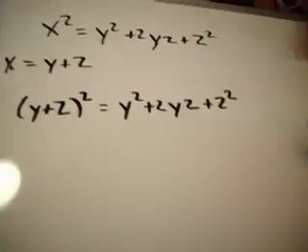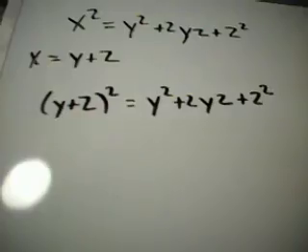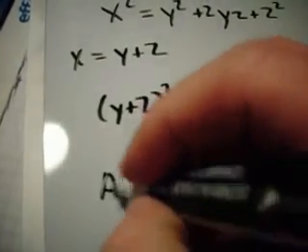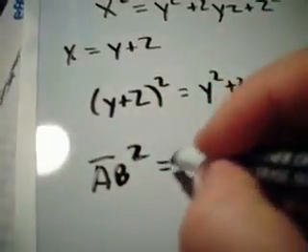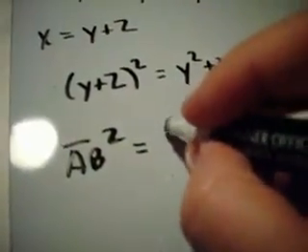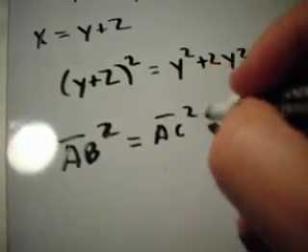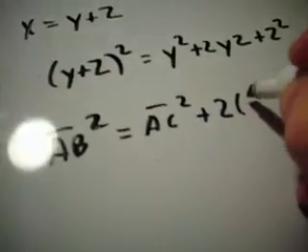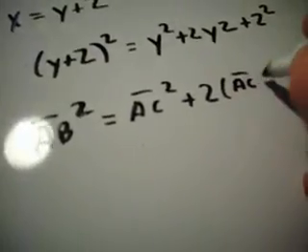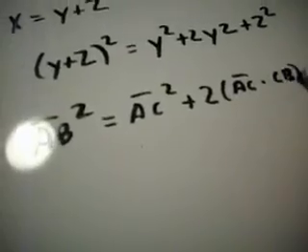Okay? So, we're literally taking the length of AC and the length of CB, and what we're going to do is, instead of saying all this up here, we're going to say the length of AB squared equals AC squared plus twice the distance of AC times CB plus CB squared.